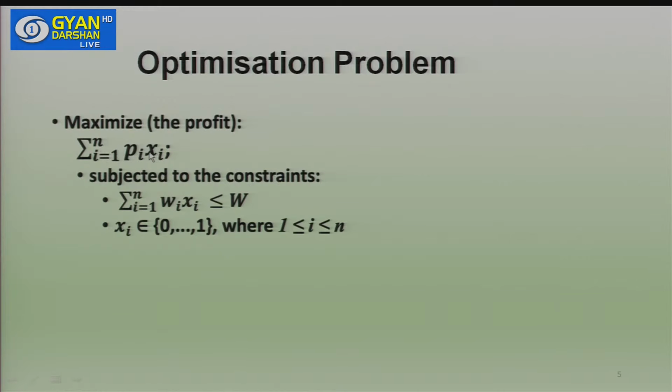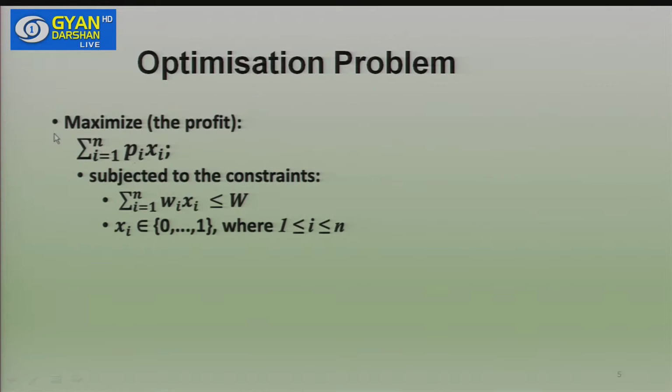Remember that for some of the objects, the fraction we are packing may be 0, for some it may be 1, for some it is 0.1 or 0.2 or half, whatever it may be.